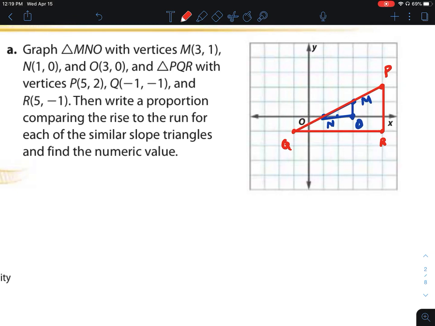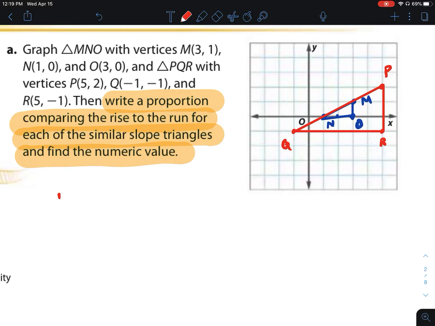And if you notice, there are slope triangles because both their hypotenuses lie on the same line. Okay? So it says here, write a proportion comparing the rise to the run for each of the similar slope triangles and find the numeric value.